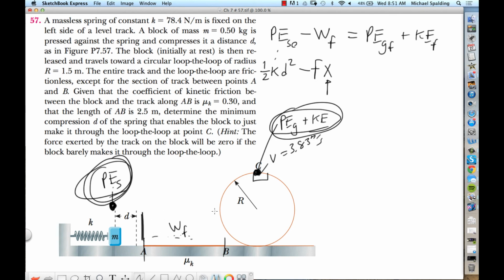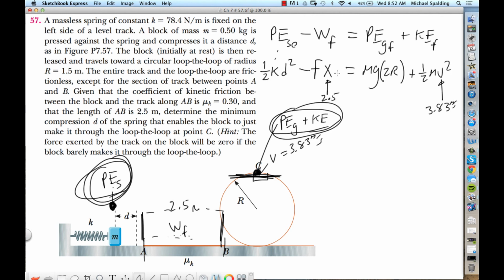The distance from there to there is 2.5 meters. Equals mg. Now, what's the height up here? 2r. It's double the radius of the loop. Plus 1/2 mv squared, where we already solved for that. That v right there is the 3.83. This x is the 2.5.